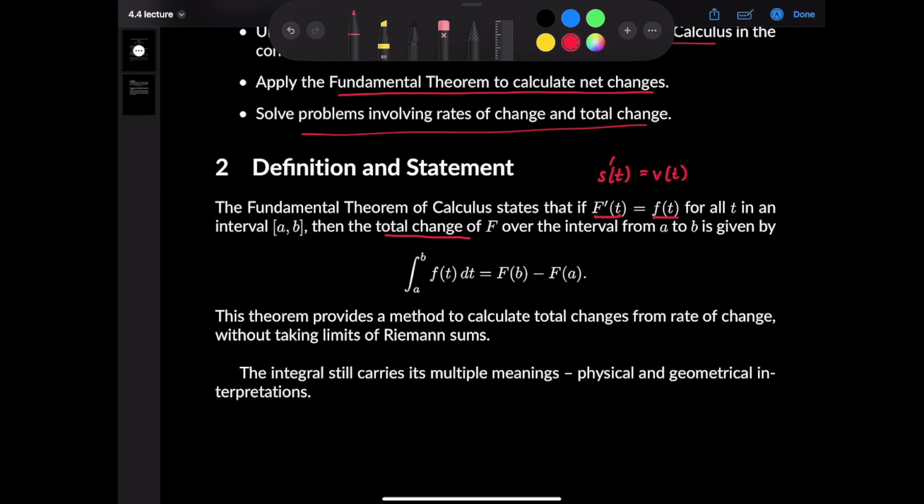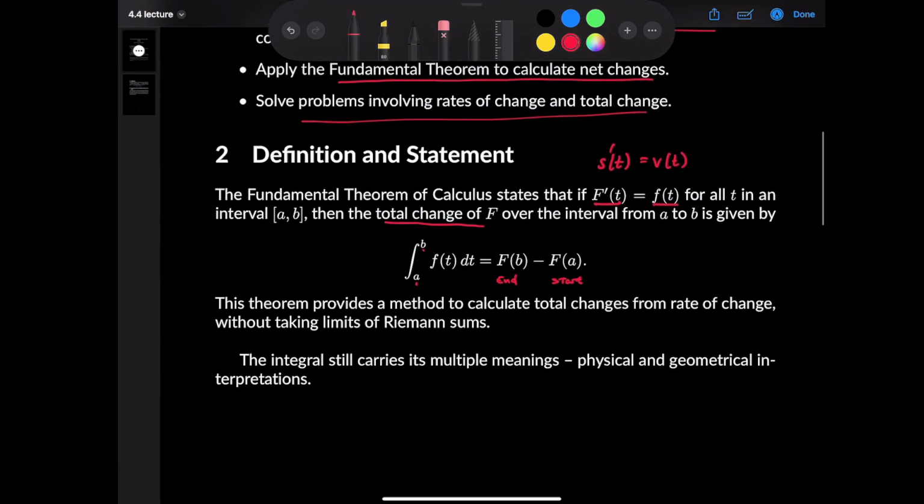Then the total change of F over the interval from a to b is given by the integral from a to b of f of t dt. This is equal to the total change of big F, meaning big F of b minus big F of a, the starting value and the ending value of big F over that interval.